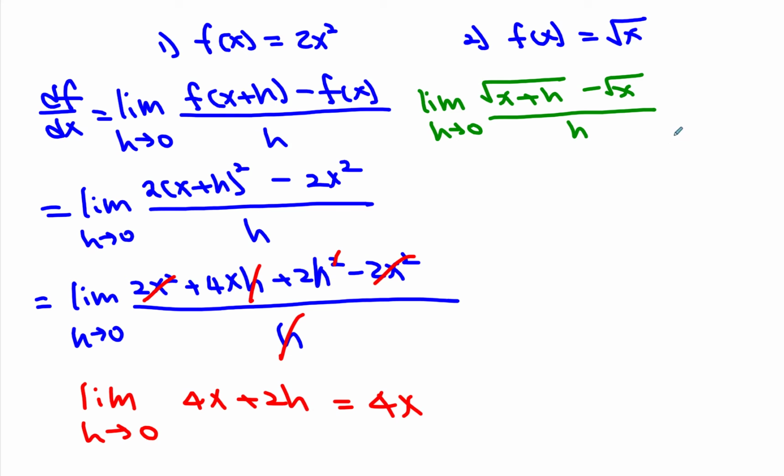Now, in this case, the way that I can approach this one is I want to get rid of these radicals. The way which we can do it is by multiplying top and bottom by its conjugate: radical x plus h plus radical x.